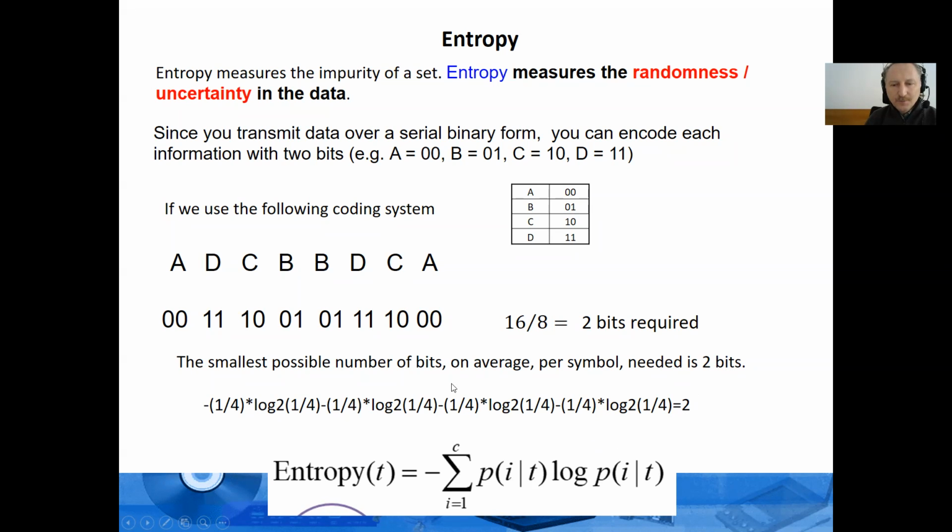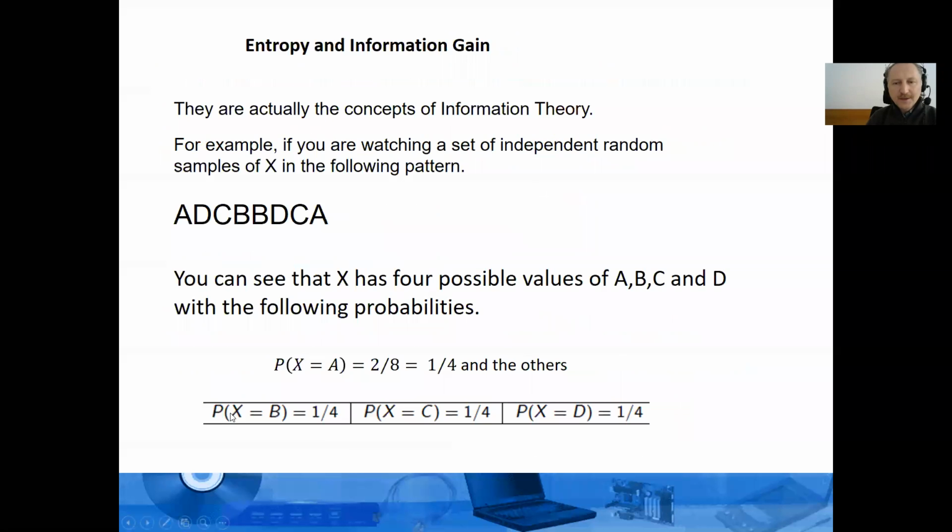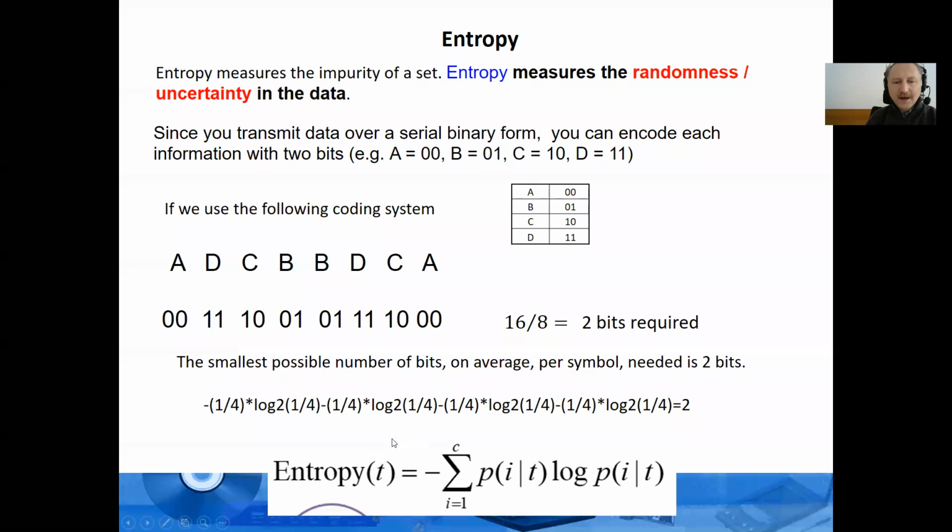If you put in this probability, what is the probability of A? We said 1 divided by 4. Probability of A, 1 divided by 4, times log 2 probability of A, minus, because of the sum, minus the probability of B, 1 over 4, times log 1 over 4, minus again the probability of C, same.